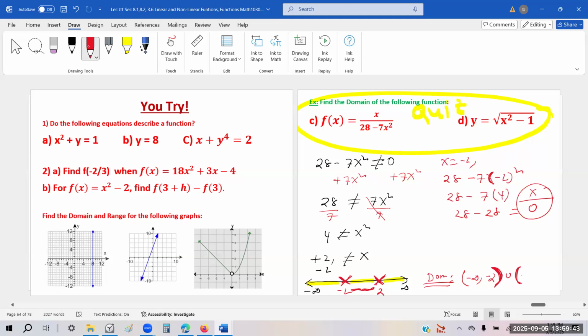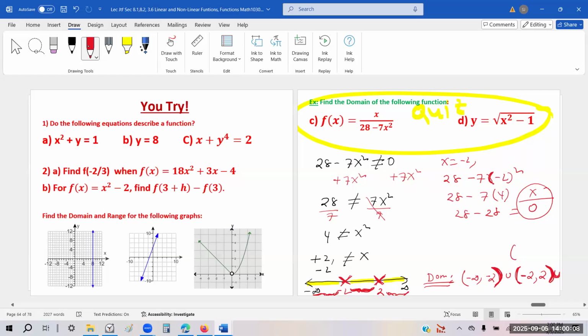The first piece is before -2, and then you have between -2 and +2. Can you substitute x with +2? That makes the denominator 0. We cannot. So that was the middle piece. And the last piece, union.